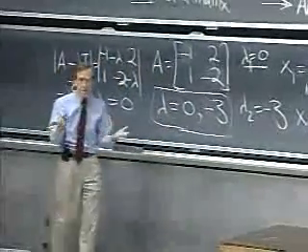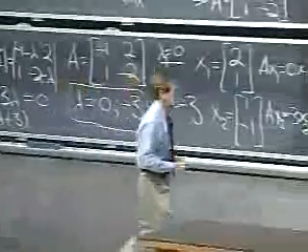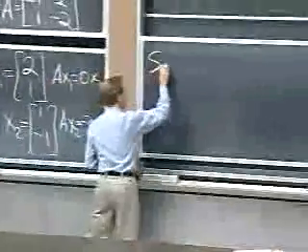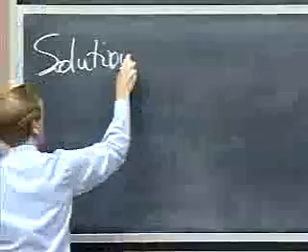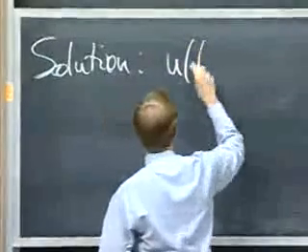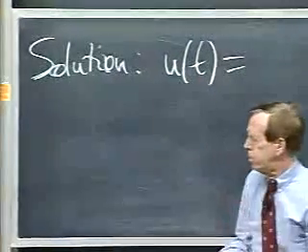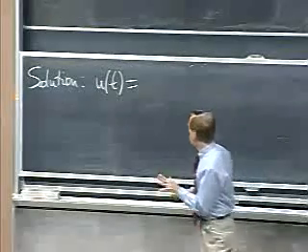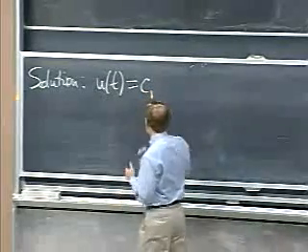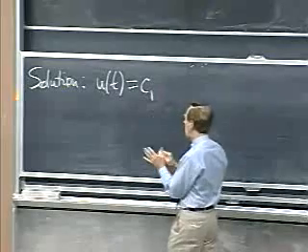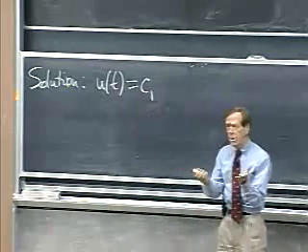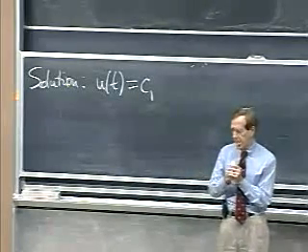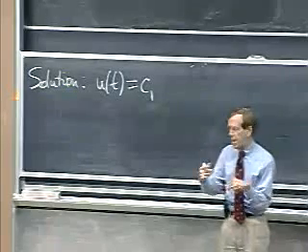But now, what is the answer? The solution will be u of t. Okay, now I use those eigenvalues and eigenvectors. The solution is, there are 2 eigenvalues, so there are going to be 2 special solutions here. 2 pure exponential solutions.